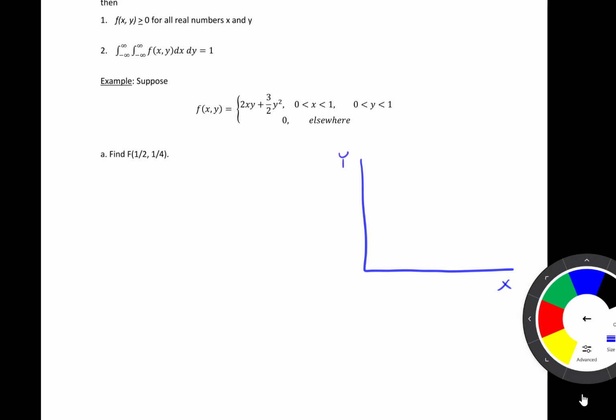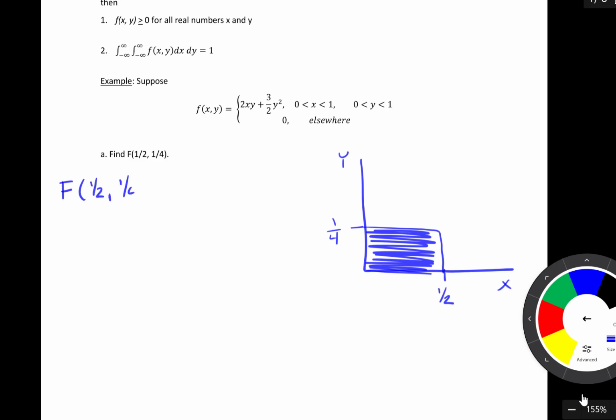And notice that we're interested in x less than 1/2, and we're interested in y less than 1/4. And so the region that we're integrating over is going to be this region right here. So if we want to find F of 1/2, 1/4, remember that that is equal to the probability that x is less than or equal to 1/2 and that y is less than or equal to 1/4.